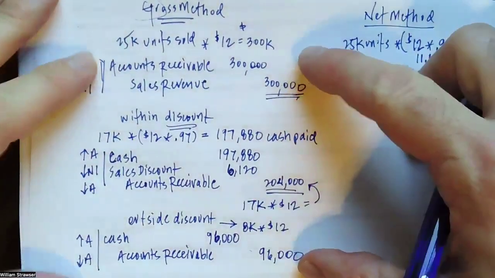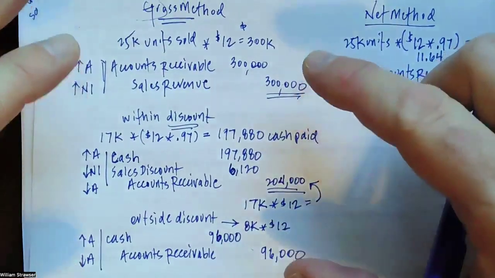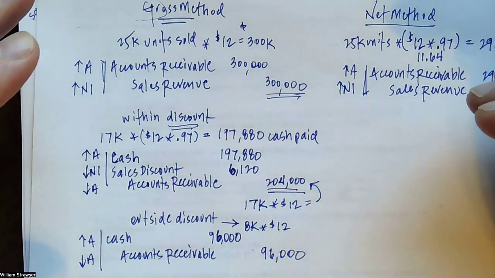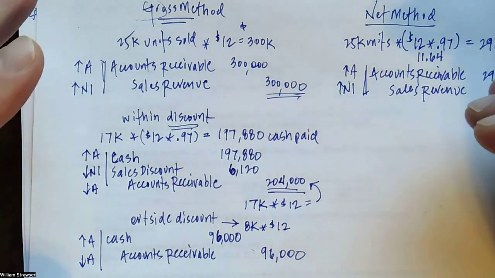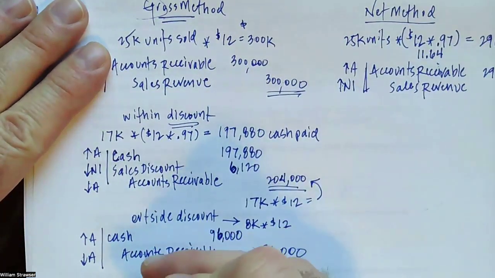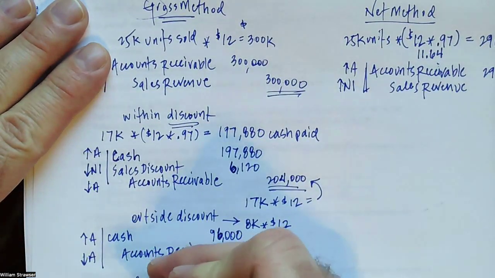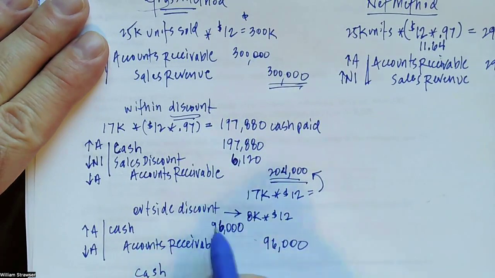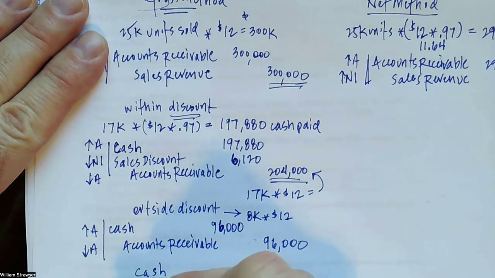So notice the accounting works as planned. If we just consider this piece in isolation, the amount of sales revenue I ultimately record equals the amount of cash that I ultimately received. So if we look at the cash, what happened to our cash over time with this transaction? We got 197,880. We got 96,000.